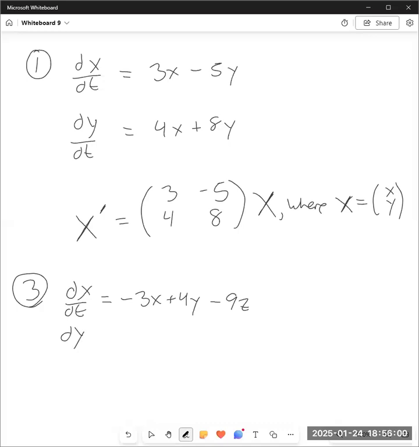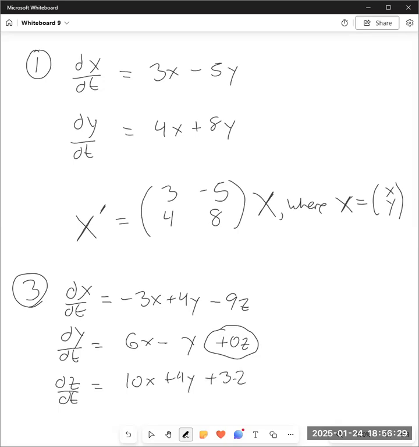It says dy/dt is equal to 6x minus y, and there's an implied plus 0z there, and dz/dt is equal to 10x plus 4y plus 3z.